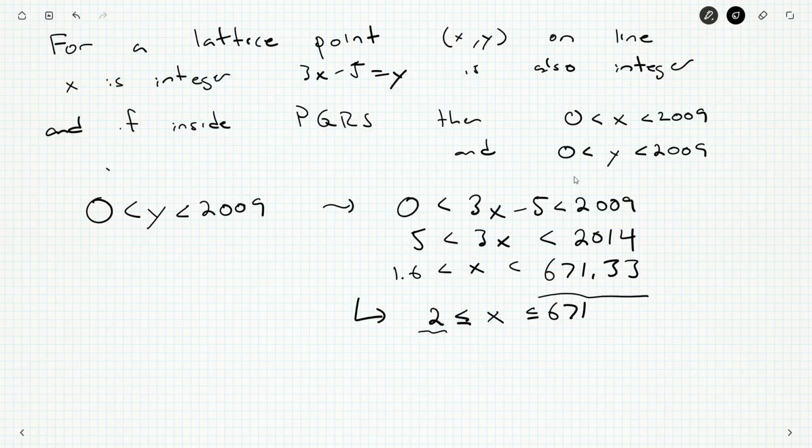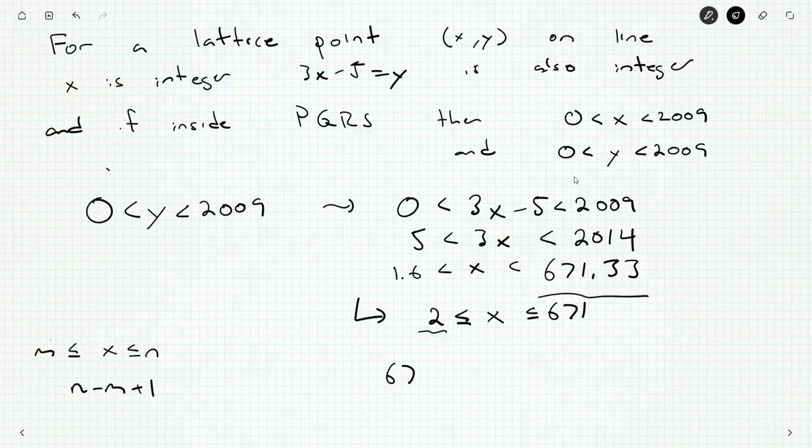So how many numbers are there between 2 and 671? If I've got m and n, and I want to know all the integers between m and n, including m and n, there's a nice little formula you can know: n minus m plus 1.